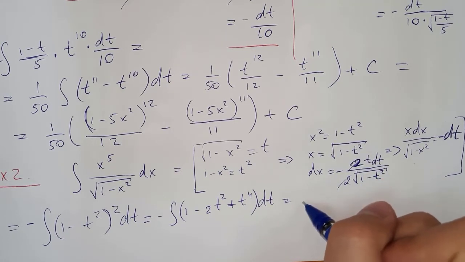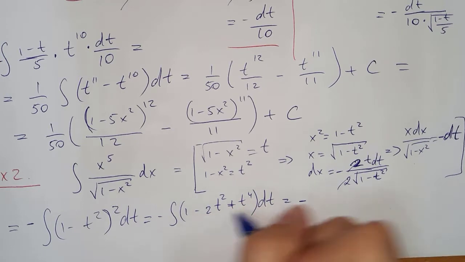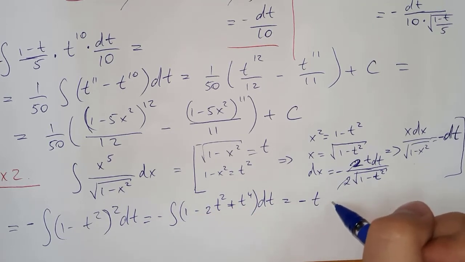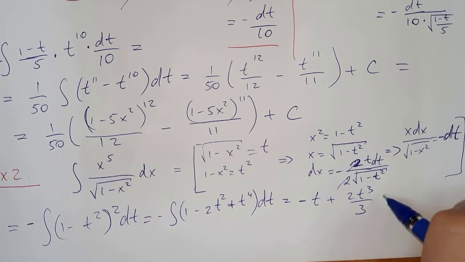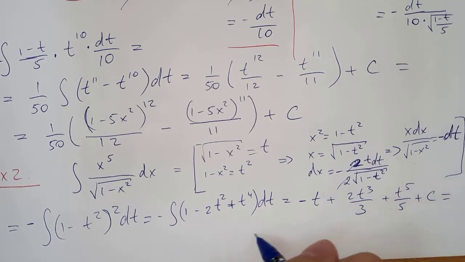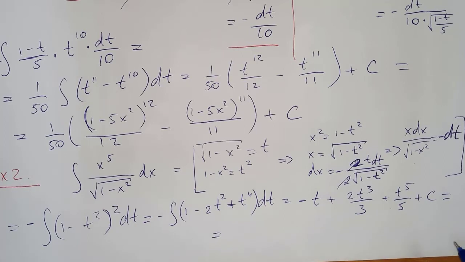Okay, let's continue. And we have the next one. So it is minus, let's put minus, and the first one will be just t, then plus 2t cubed over 3, and plus t to the fifth over 5, plus c. If we continue, we put this value instead of t, so the square root of 1 minus x squared, so it will be minus.